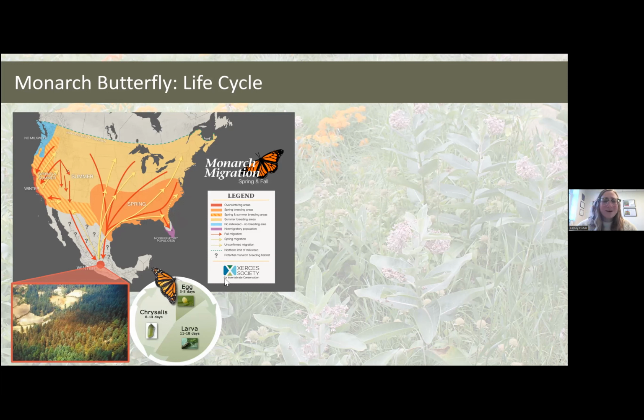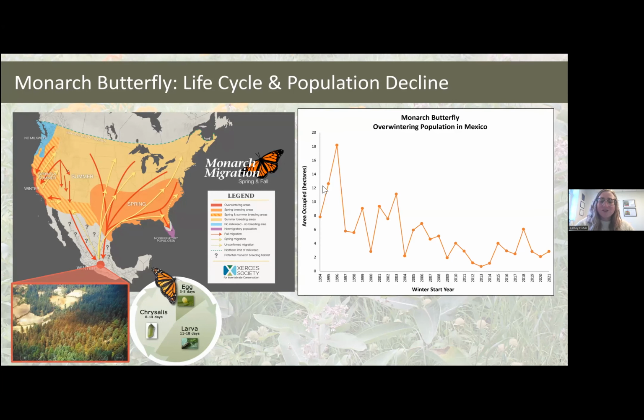So because the monarchs can overwinter all huddled together, we have this really great opportunity to be able to approximate population size. For the past over 2 decades now, we have been estimating how much space the monarch butterflies are taking up in Mexico.